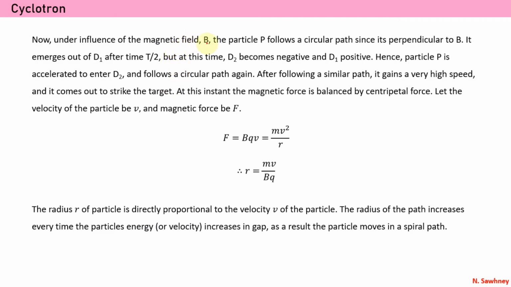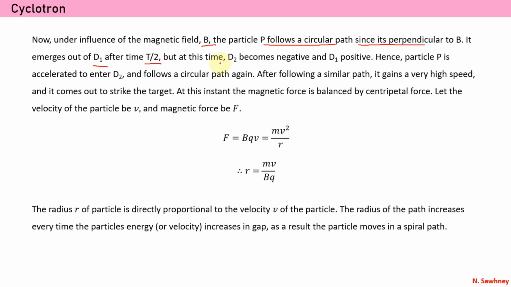Now, with the influence of the magnetic field, the particle follows a circular path since it is perpendicular to the magnetic field, and it emerges out of D1 after covering the semicircular disc in time interval T by 2.